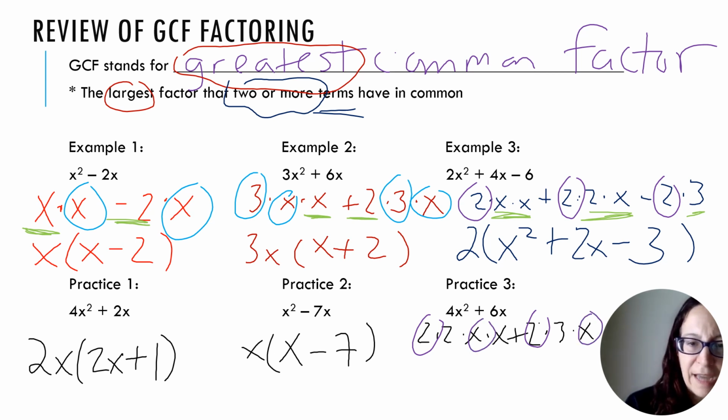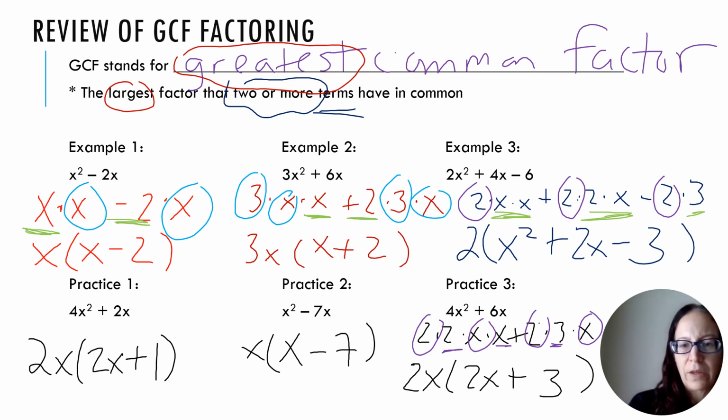So my GCF is 2x. And I am left with a 2x right there, and I am left with a 3. All right. So there we go. Hopefully that went pretty well.